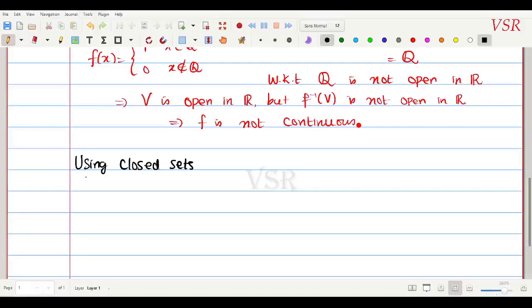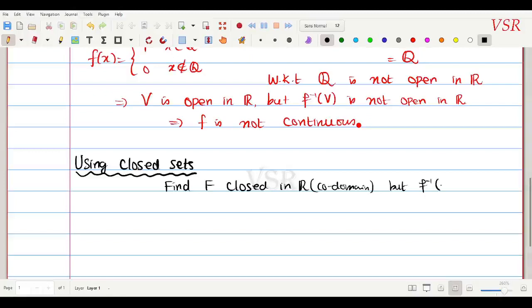Okay, சரி இப்போ இது எப்படி ப்ரூஃப் பண்றது அப்படினா, that is claim: f is not continuous. அப்போ find F closed in R codomainல, அப்ப இந்த R என்ன codomain, okay, but f inverse of capital F is not closed in R, okay.